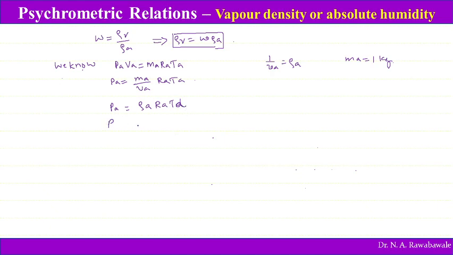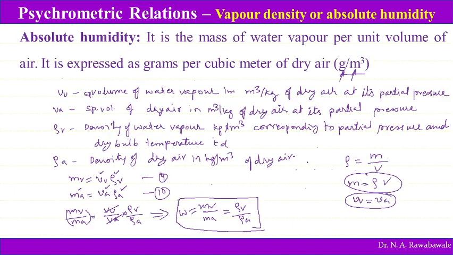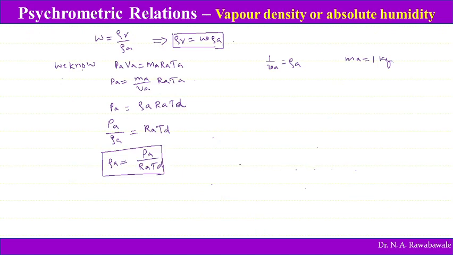So PA divided by rho A, so transferring this rho A on left hand side, we get RA into TD, where TD is dry bulb temperature. So or else we can write this equation as rho A is equal to PA divided by RA TD. So this we call as equation number 11.